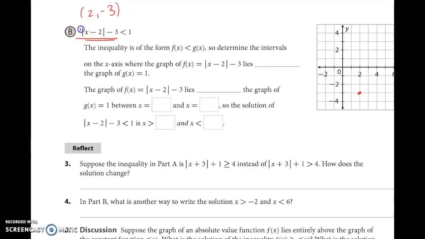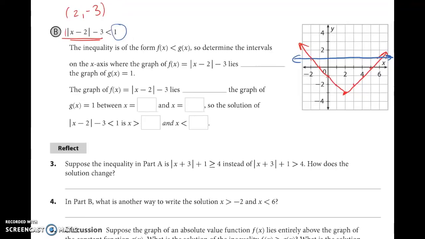My amplitude, my A in front, is 1, so I'm going to go up 1 over 1, up 1 over 1 in both directions. Sorry, my lines are not perfectly straight. And then 1. Where does y equal 1? Y equals 1 here.